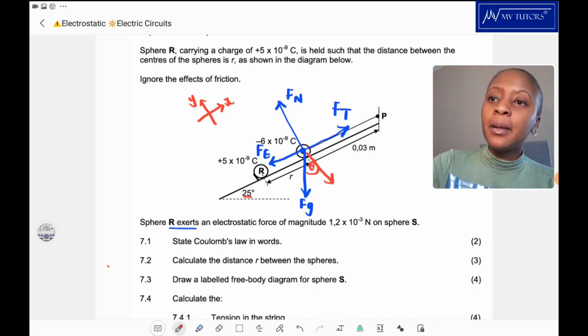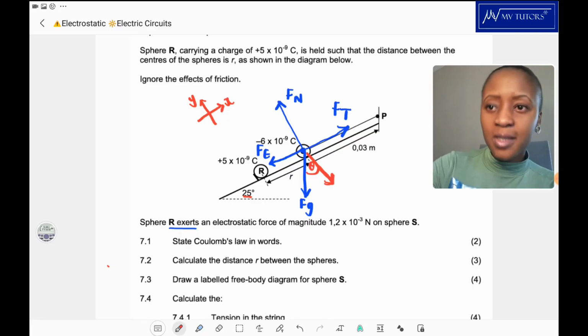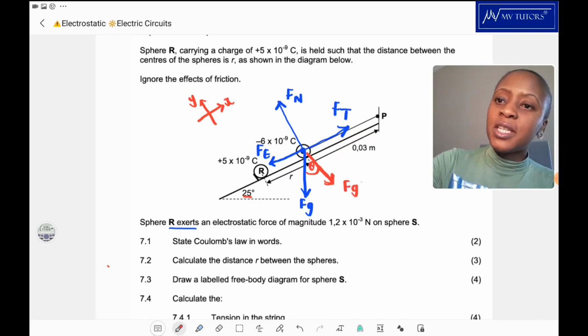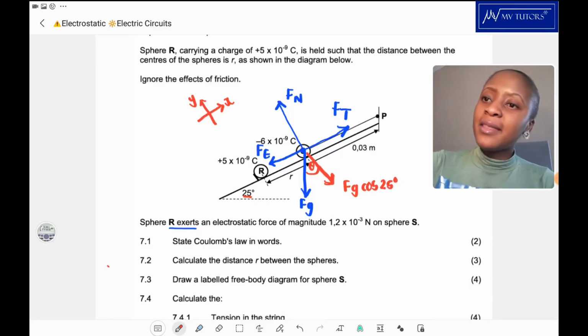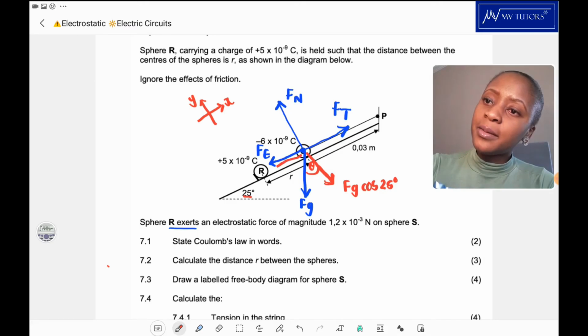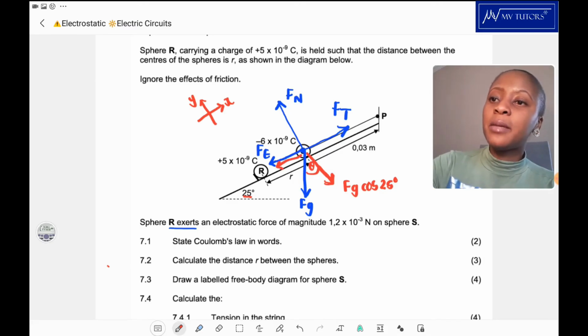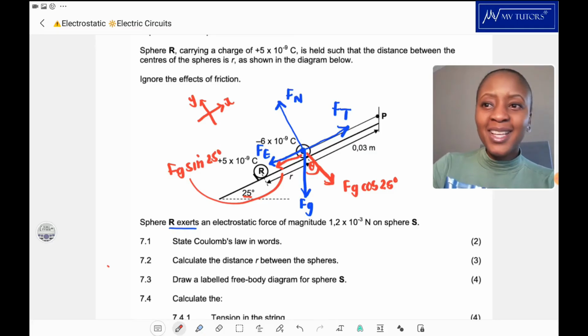Because our force now is adjacent to the angle, that will be cos. So we have FG cos 25. And then we resolve it again here. So we have two forces this side, and that will be FG sine theta, and theta is actually 25. So that is our free body diagram, a labeled one at that.